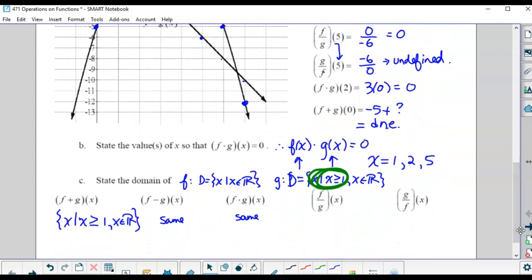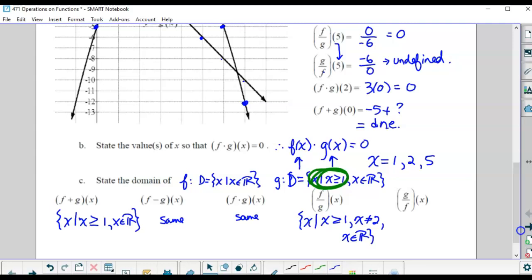So here we're going to have to say x greater than or equal to 1, where x is not equal to 2. You could split it up into greater than or equal to 1, less than 2, and then greater than 2. This is probably just as easy.